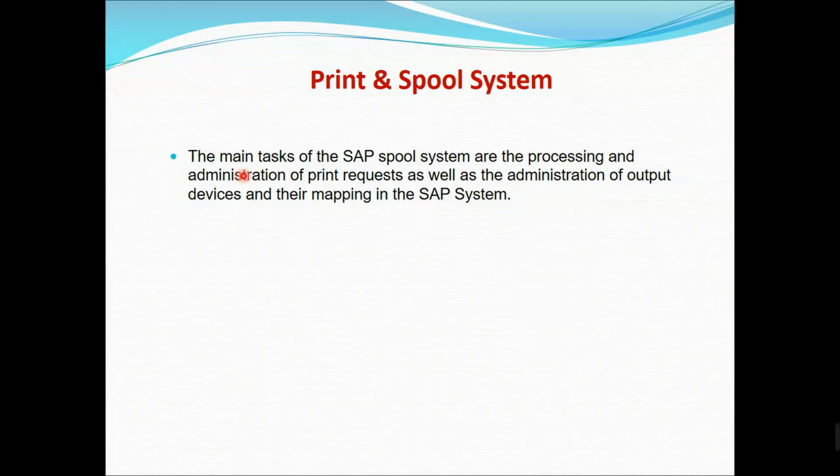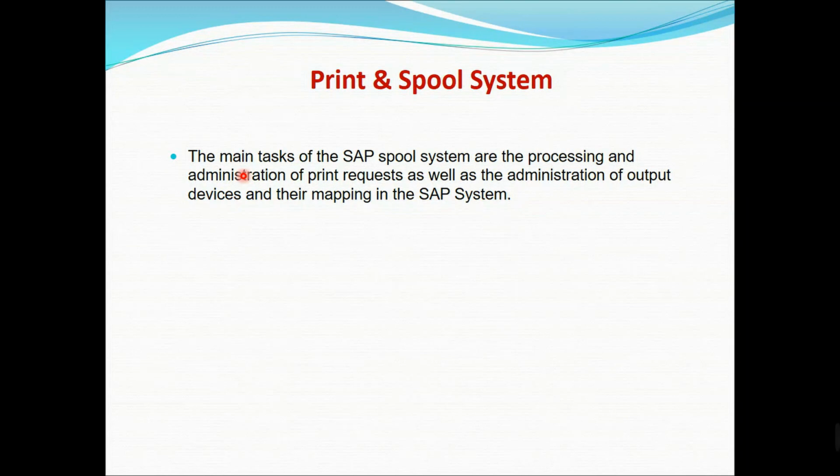It receives documents to be printed from the user, that is the spool request, saves the data in a separate database called TemSe DB, and then generates an output request which is sent platform independently to the print system of the operating system, like the host spool system.